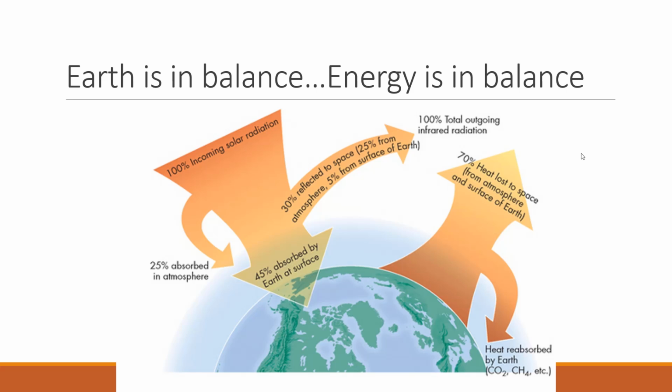The Earth is in balance, energy is in balance. We have incoming solar radiation, and then that radiation is used in different ways. Some of it gets reflected, some of it gets absorbed, some of it gets transmitted, and then we also send additional heat back to space.